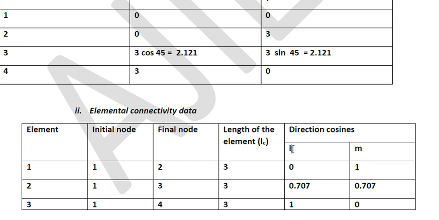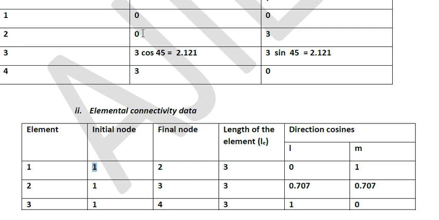Now I have to write the direction cosines L and M for all the 3 elements. What is the direction cosine for the first element? The first element has final node 2 and initial node 1.